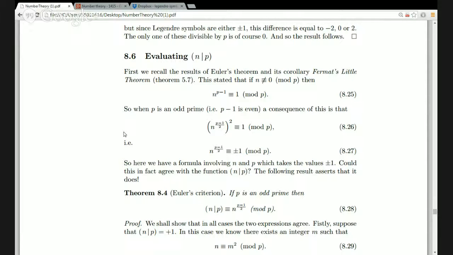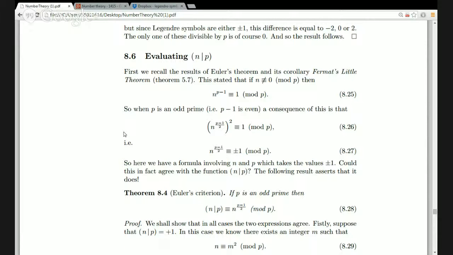It's to unravel them, yeah? What exactly does that mean when we say n is a quadratic residue? Well, it means there exists some other number m such that n is equal to m squared. Sorry, n is congruent to m squared modulo p, let's say. Right?